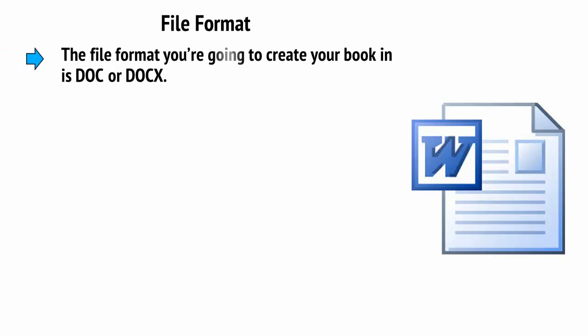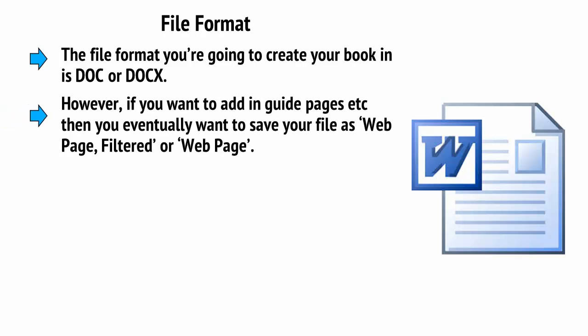And the first is the file format. The file format that you're going to create your book in is DOC or DOCX. As we'll see later on, Amazon can automatically convert this for you. However, if you want to add in guide pages, etc., then you eventually want to save your file as a web page filtered or web page.